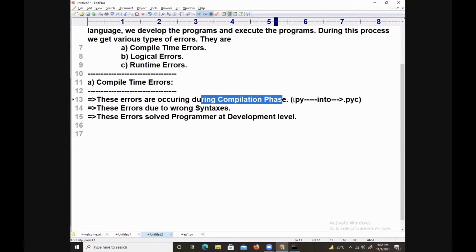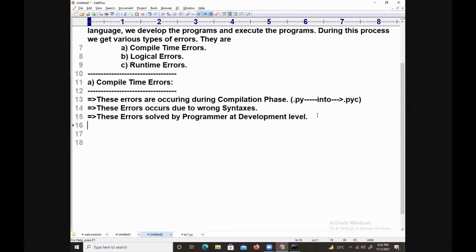What is compilation phase? Converting the source code into intermediate code. These errors occur due to wrong syntaxes and are solved by the programmers at development level. Perfect.